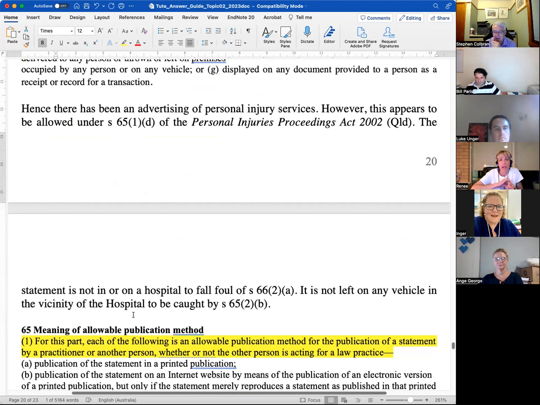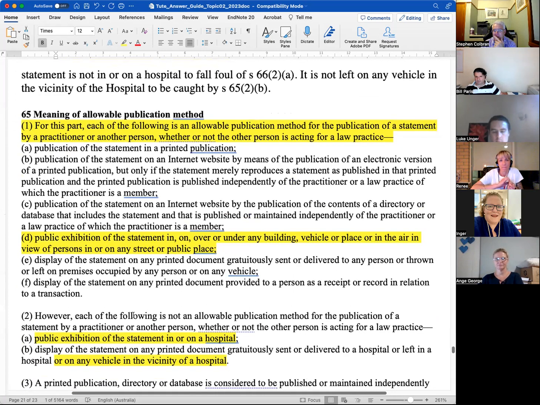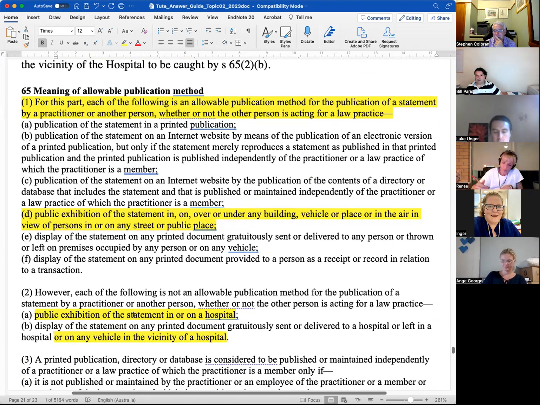Now, let's have a look at this bit. So we know that it's a publication. Is it an allowable publication? That's the next question. So let's have a look at the different ones here. It's not a printed publication. It's not electronic. It's not on the internet.